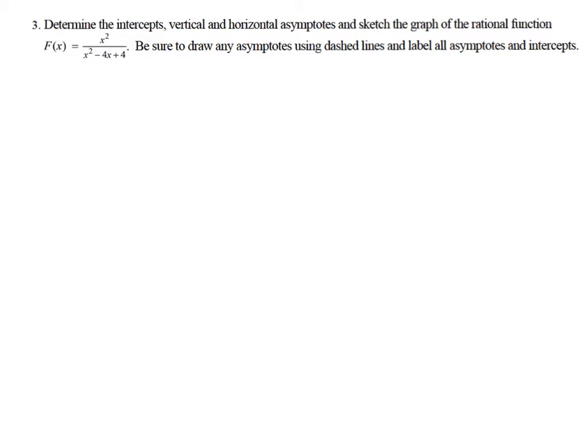Step number 1 is to find the intercepts. We can start by finding the x-intercept. To find the x-intercept, we take the numerator, x squared, set that equal to 0 and solve. Of course, x squared equals 0, therefore x equals 0. So that is our x-intercept.